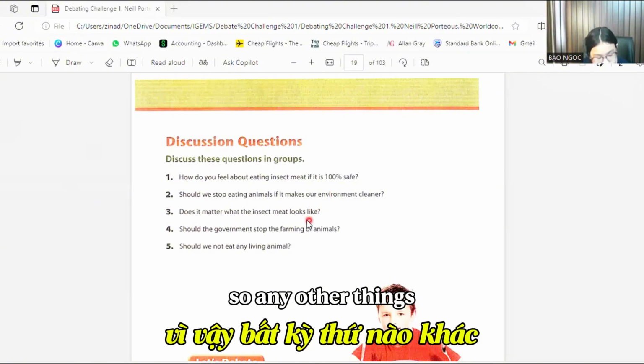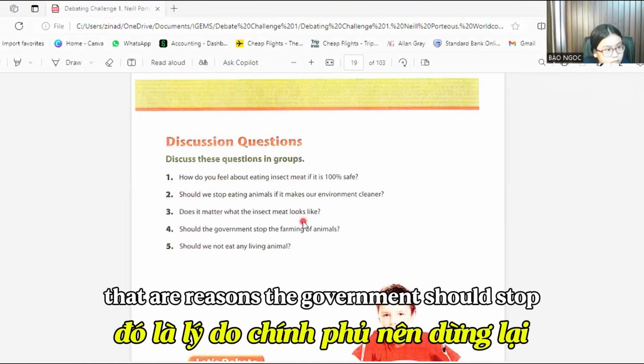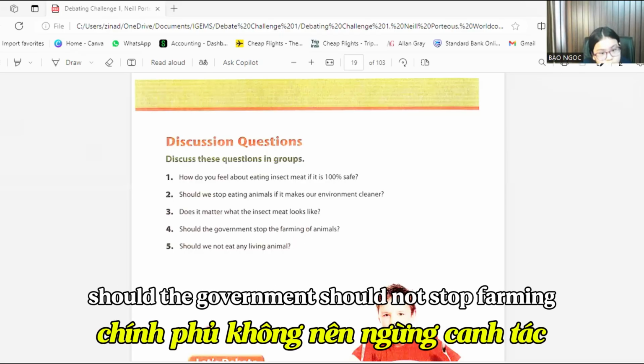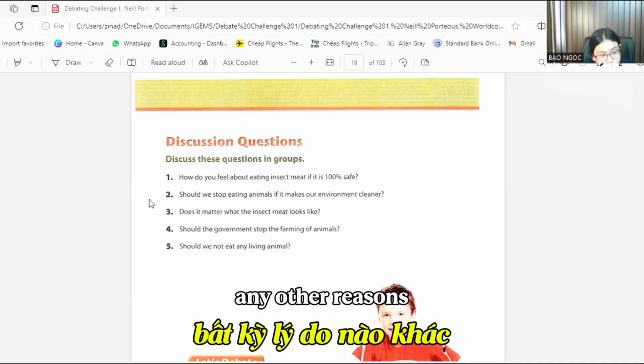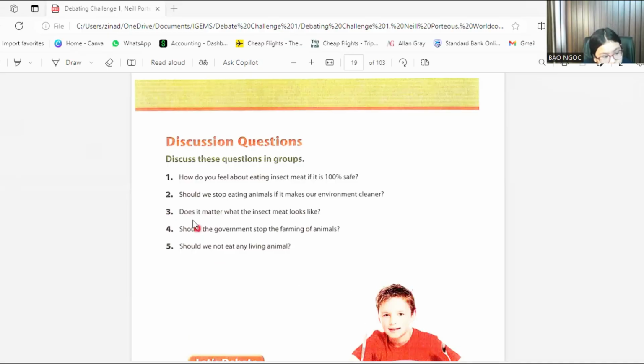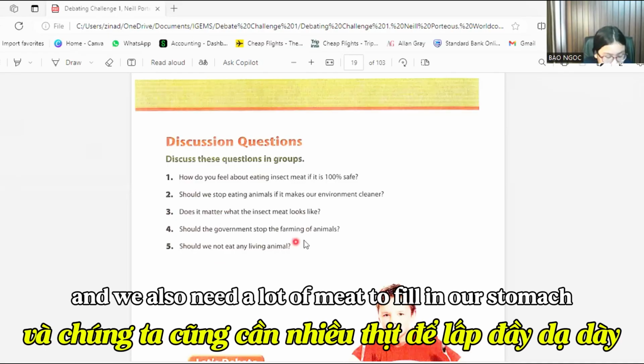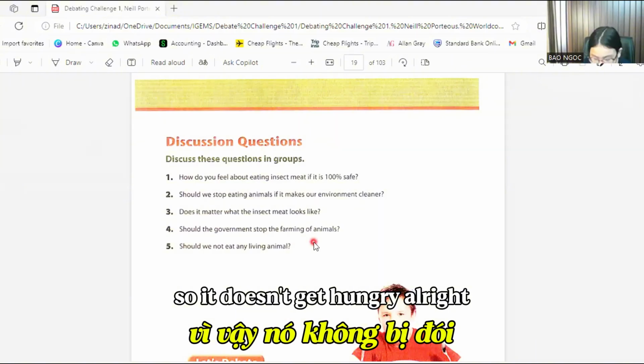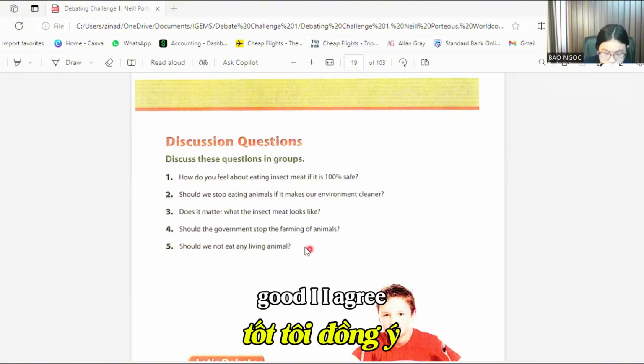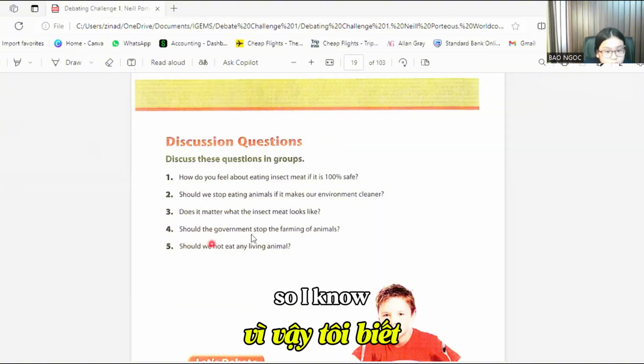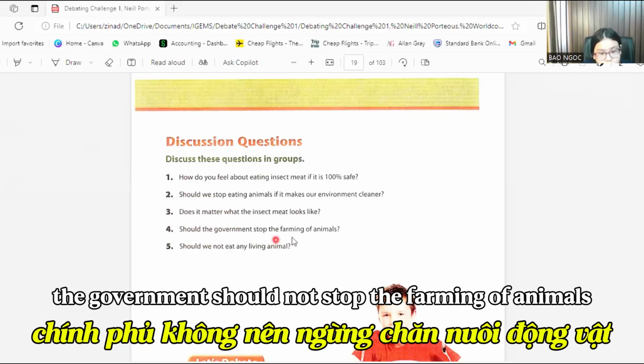Any other reasons the government should not stop farming? We also need a lot of meat to fill our stomach, so we don't get hungry. All right, good. I agree. So no, the government should not stop the farming of animals.